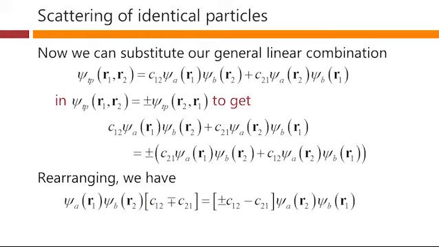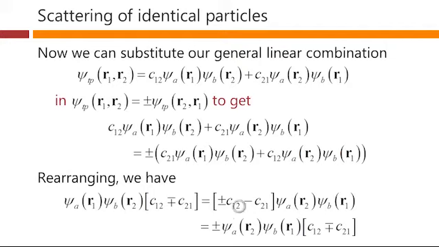Similarly, on the right-hand side, for the other term, psi A of R2, psi B of R1, we have plus or minus C12, and then we've taken this term over to the right-hand side, so we've got minus C21 times the same pair. So that's from here taken over to the other side.